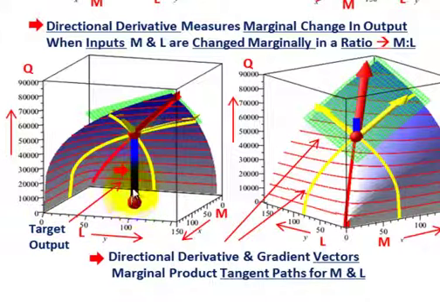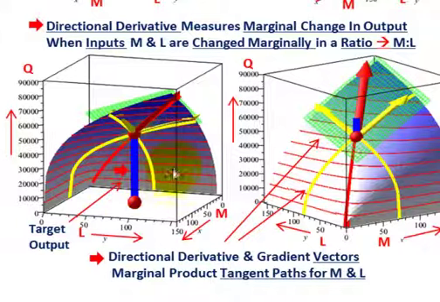In this case, remember that our targeted output I showed up here. Well, this is the underside of our profit function. So this elevation, this vertical increase from zero profit up to, in this case, 48,000 approximately, is what we refer to as our targeted output.